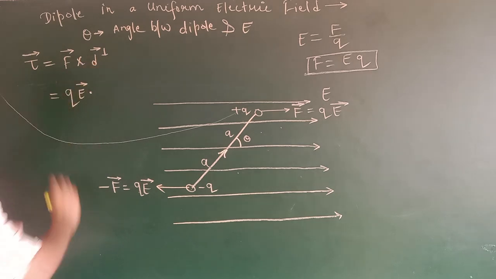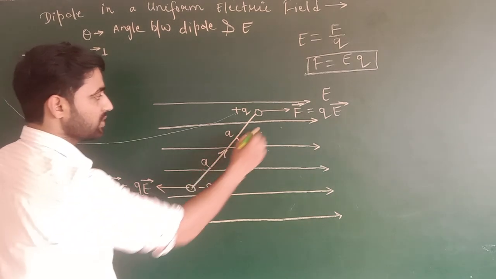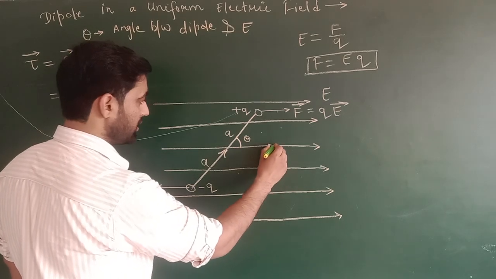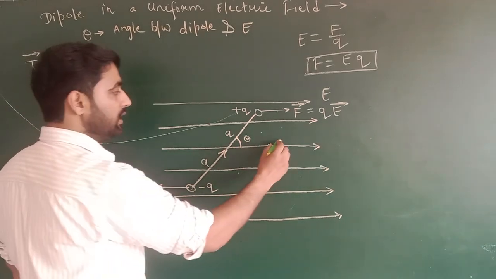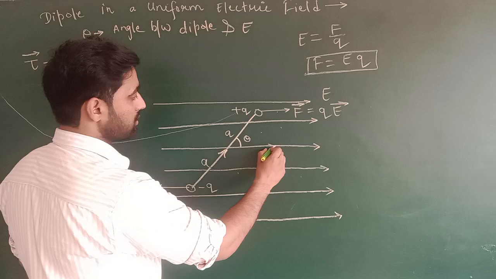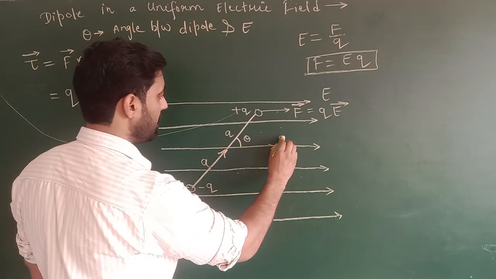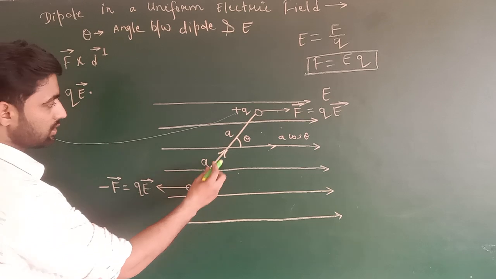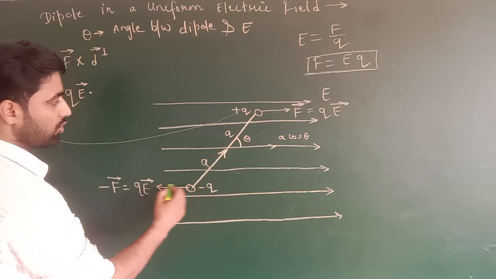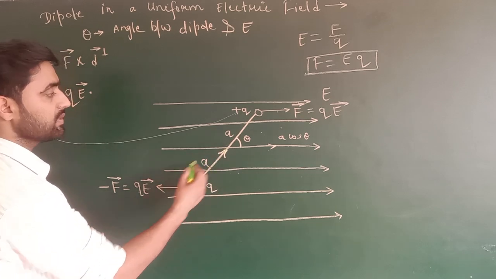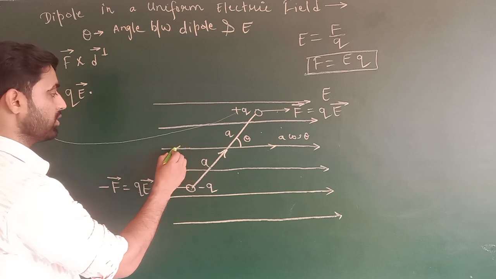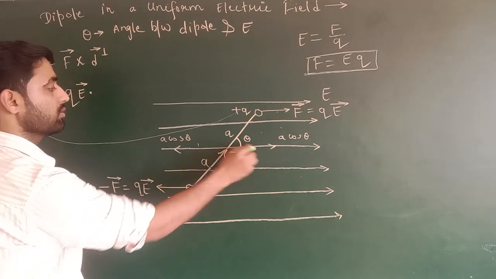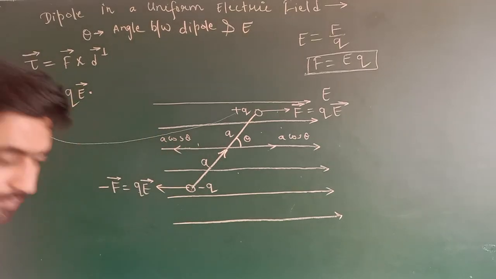Multiplied by the perpendicular distance. The perpendicular distance between the two charges is, if we resolve this, then we will get to know that this particular component is a cos theta. Similarly, here also this component will become a cos theta, and these two components will cancel out, so I'm not writing them.